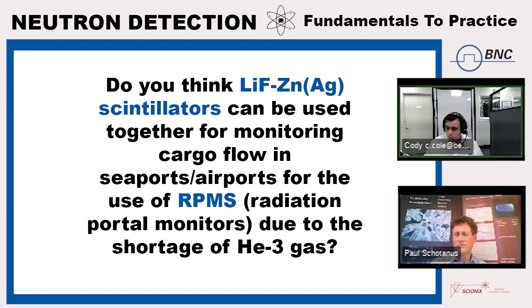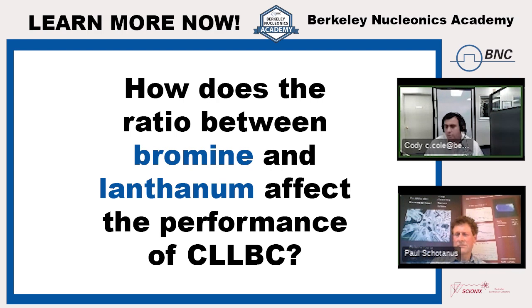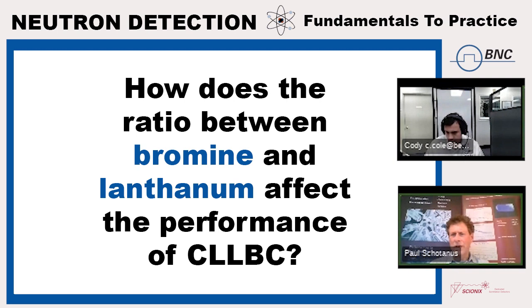And Yujuan is asking about the ratio between bromine and the lanthanum effect on the performance of CLLBC. The ratio between bromine and what? Bromine and lanthanum. I think that ratio is fixed. The ratio between bromine and chlorine can vary a little.